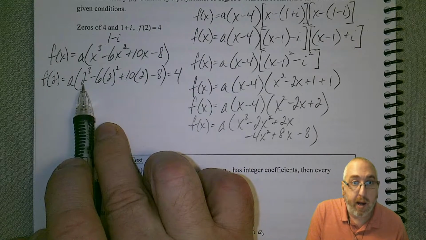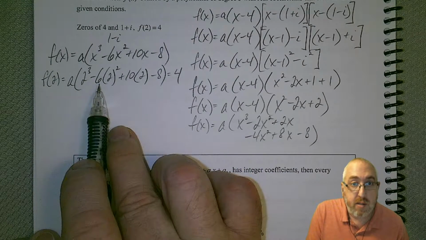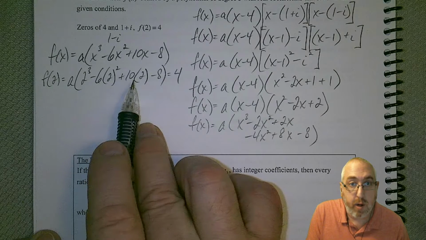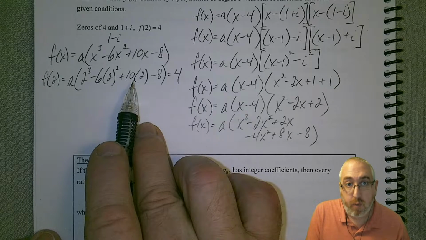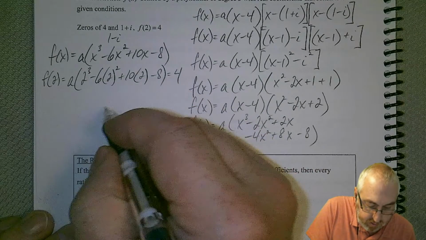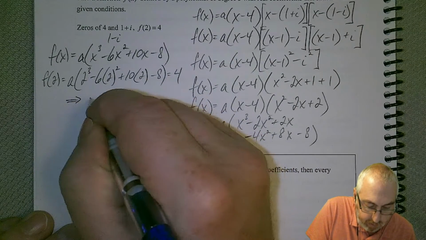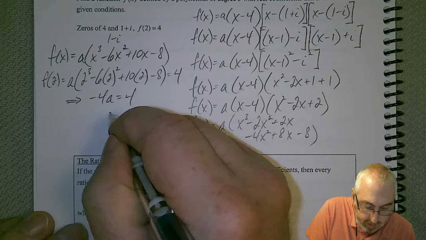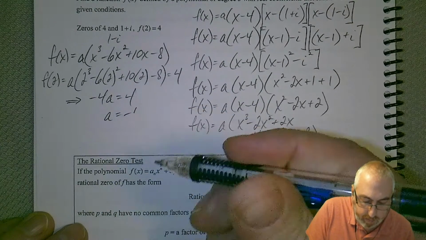What do we have? We have 8 minus 6 times 4, which is 24. 8 minus 24 is negative 16. Negative 16 plus 20 is 4. 4 minus 8 is negative 4. So this boils down to negative 4a equals 4. So a must equal negative 1.